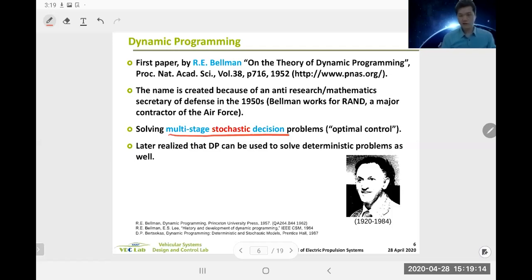And then later on, it developed into deterministic problems. So it was stochastic first.